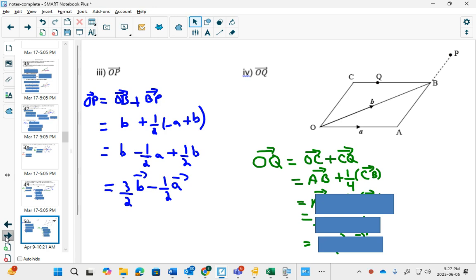So I can just do this switch in my work, even though it's not fixed anymore, but those two vectors are free.